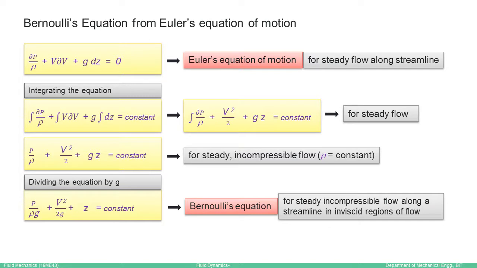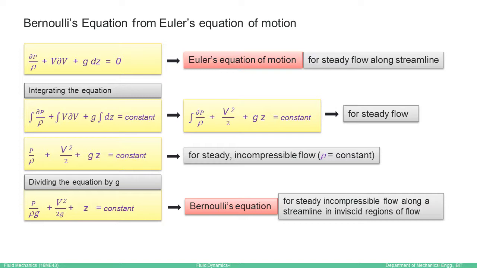This equation is called Bernoulli's equation, which is very similar to your steady flow energy equation. In your thermodynamics, you must have studied a steady flow energy equation, and in that equation we have considered this as an open system, and also Q and W, that is heat loss from the system or to the system, is neglected, and also shaft work, that is the work done by the system or on the system, is neglected.